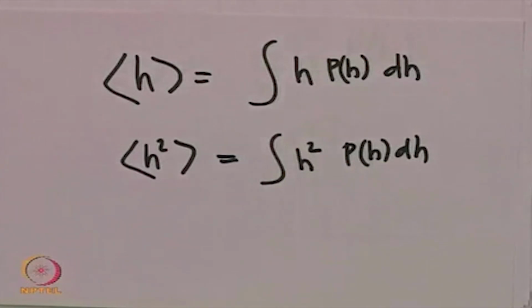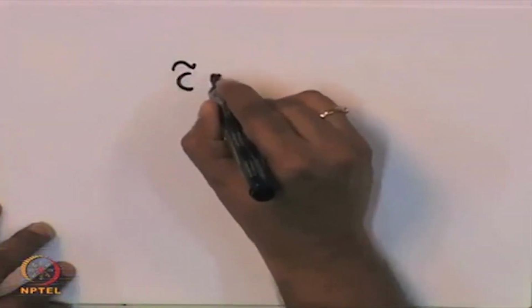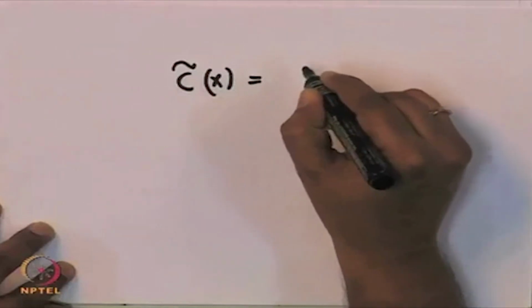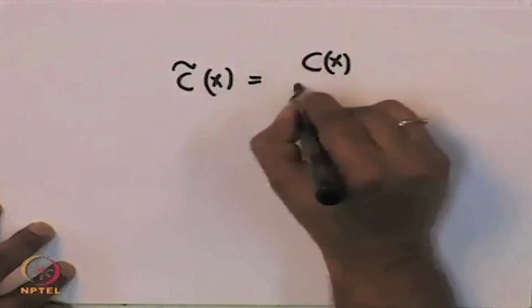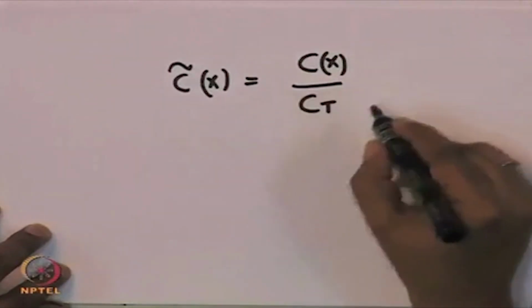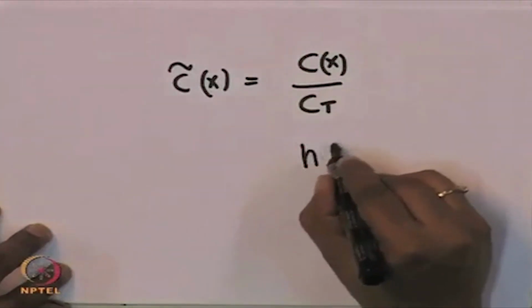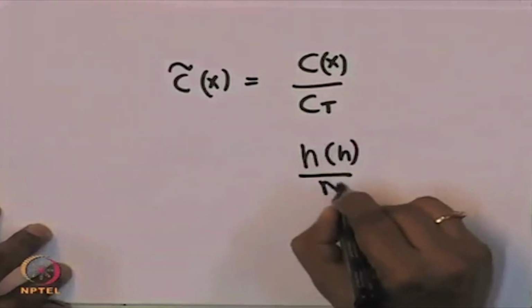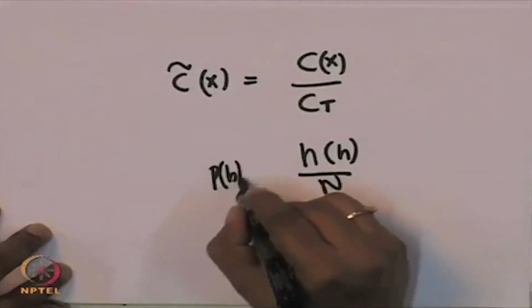In fact, when we did the case of diffusion concentration, we had done precisely this. If you remember, we had defined C tilde of x as C of x divided by the total concentration. This is just like we defined today n of h by n as p of h.